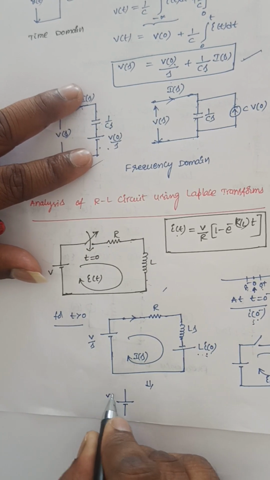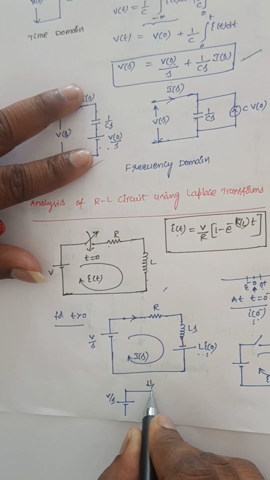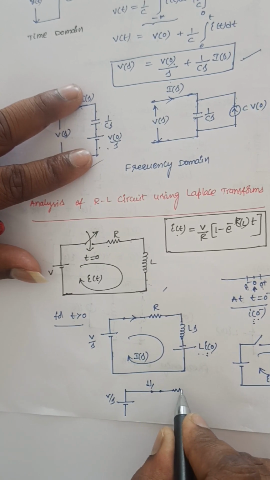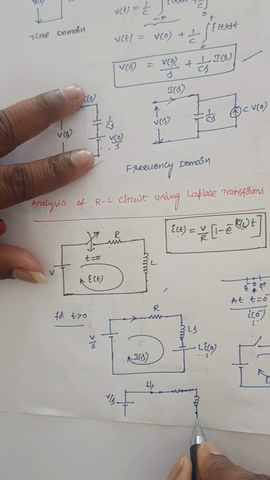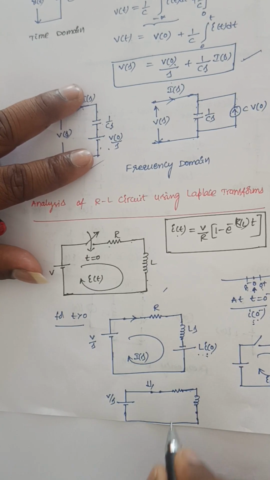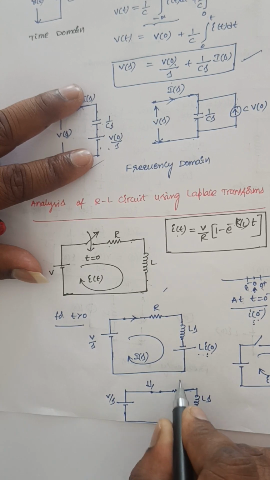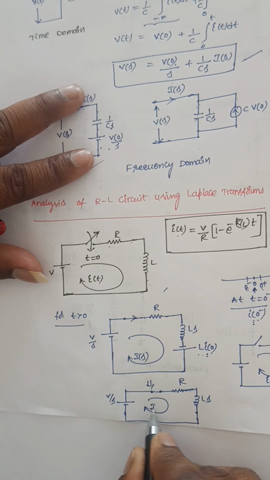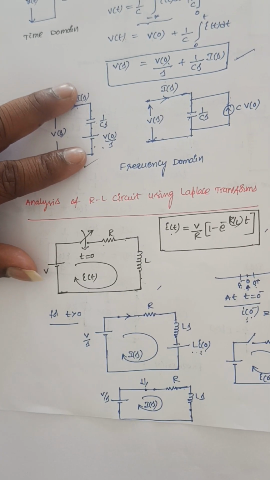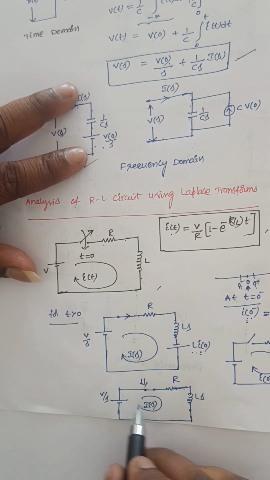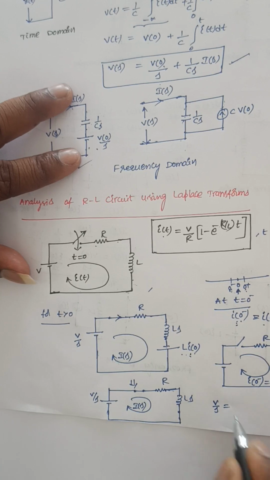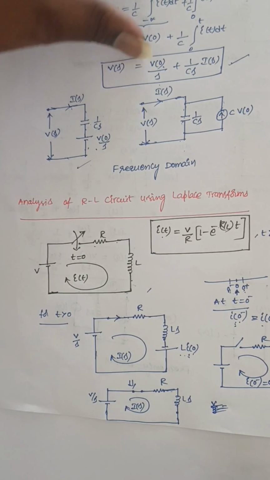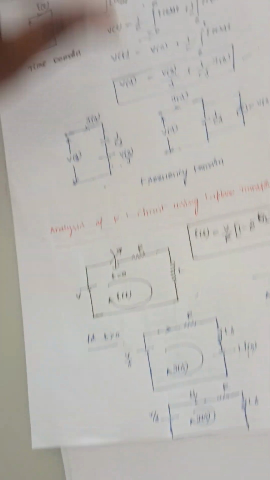So it is V by S, and this switch is closed here. This is the resistance and this is the inductance. It will act as a short circuit. So this is Ls, it is R, it is I of S. Now if I write the KVL equation for this, let me write on another page.